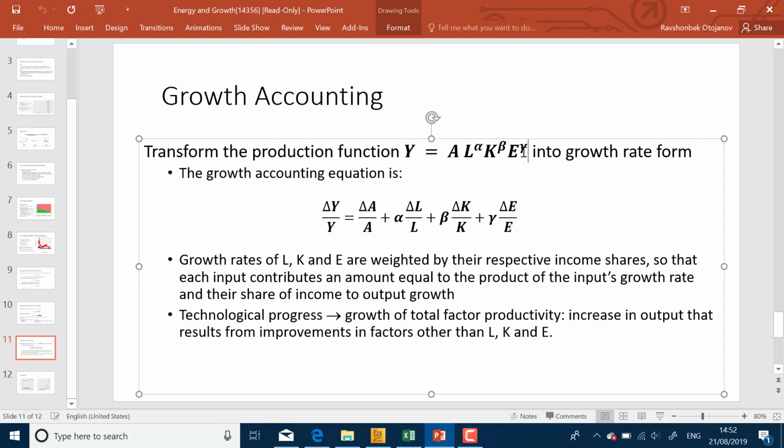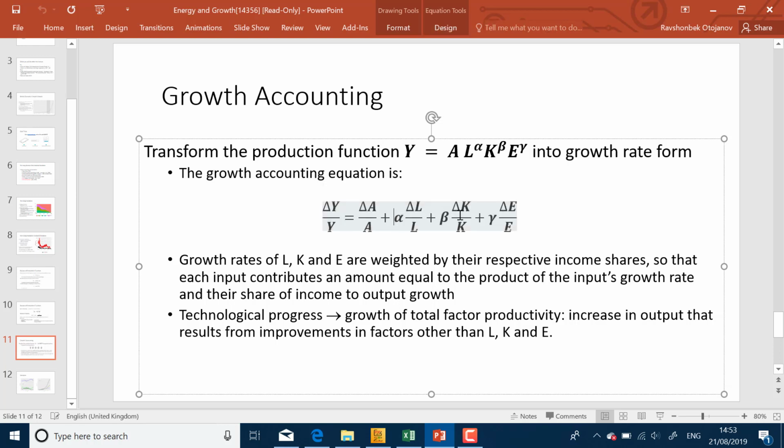Now there is a bit of transformation process between this function and this function. I made a huge leap forward here, and we will discuss in seminar class how you convert this level production function to a growth rate production function, or growth accounting equation, as you can see here.